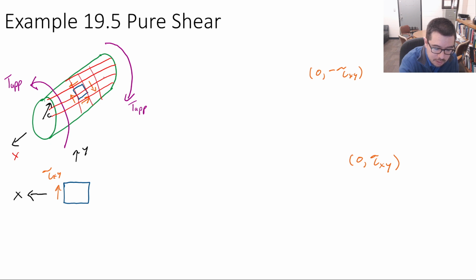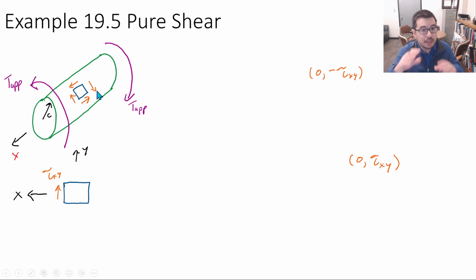The elements are being shifted with these stresses. As we're seeing, this side's going this way, that side's going that way. Really badly drawn, but you can kind of visualize that's how the elements are being twisted.